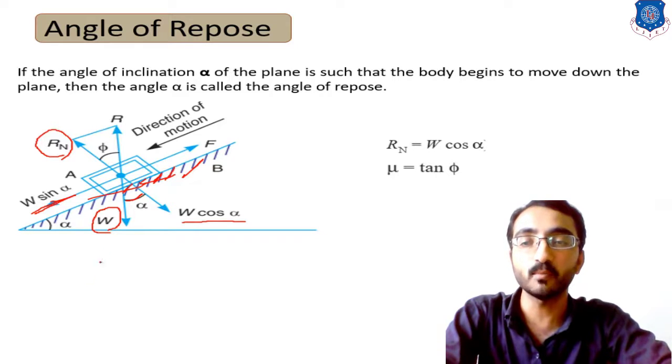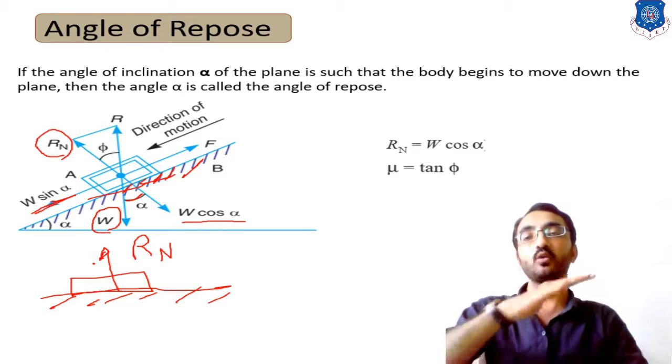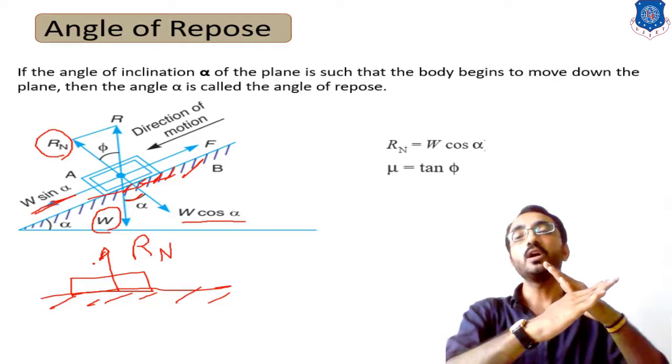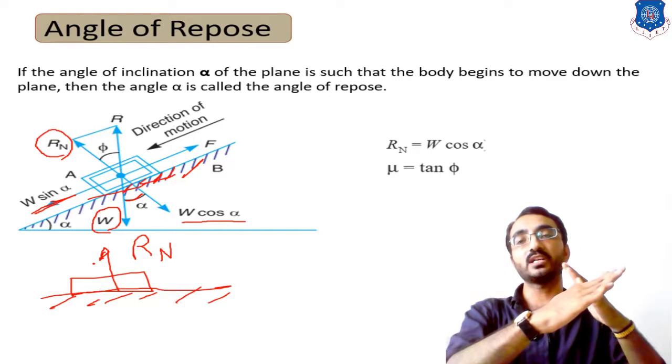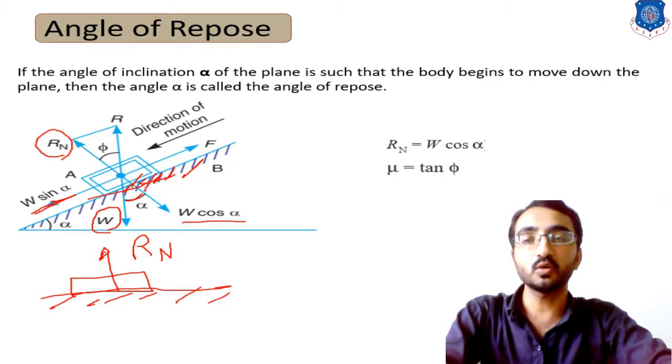Okay, so when the body was in a steady state, resting on a horizontal surface, we assumed that Rn is in the vertical direction. But now the body is inclined, so the reaction force will also be perpendicular to this inclination, perpendicular to this contact surface.